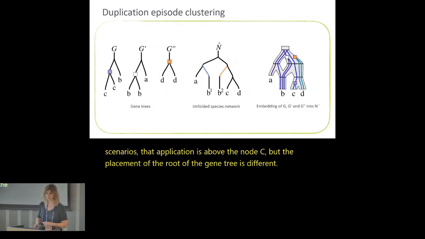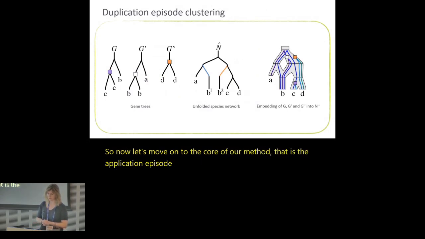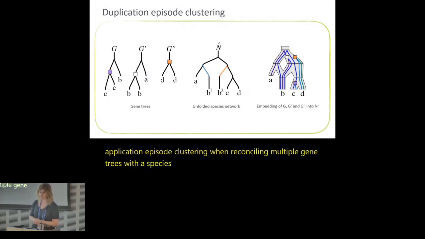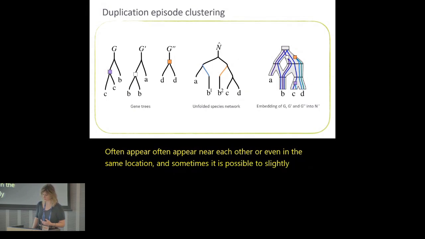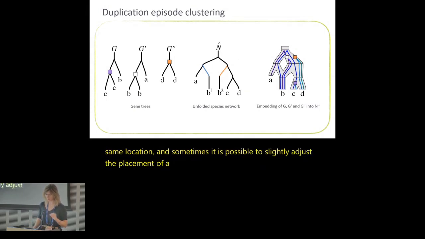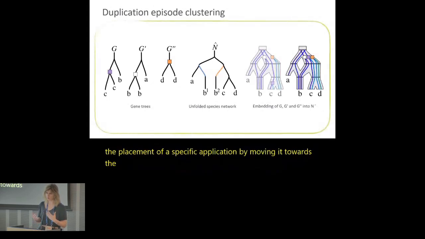So now let's move on to the core of our method, that is the duplication episode clustering. When reconciling multiple gene trees with a species network, gene duplications often appear near each other or even in the same location. And sometimes it is possible to slightly adjust the placement of a specific duplication by moving it towards the root in order to group the duplications more effectively.